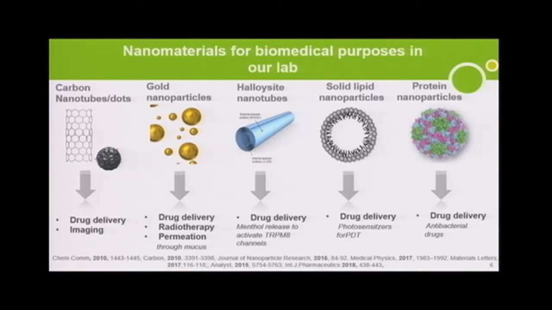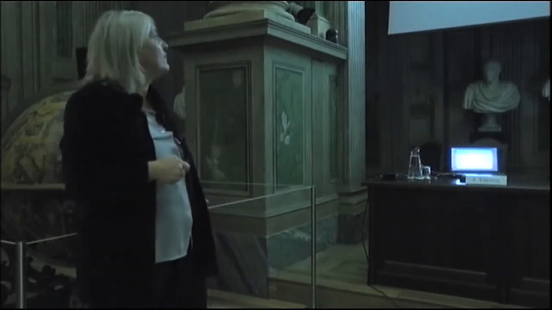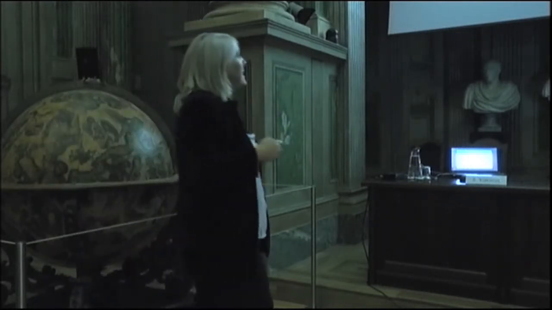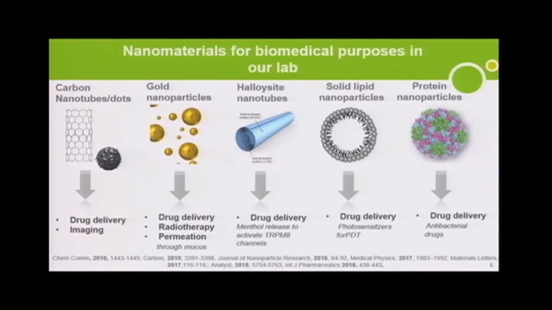Our purpose was to use these nanomaterials essentially as drug delivery systems in different types of cancer, for example prostate cancer, breast cancer, also here in the radiotherapy for breast cancer.